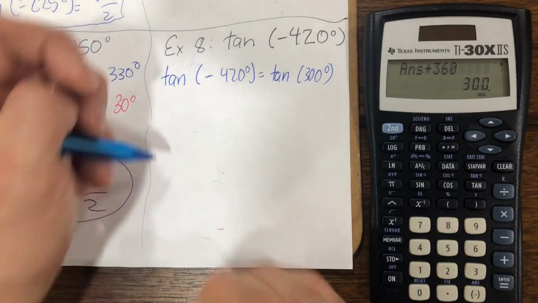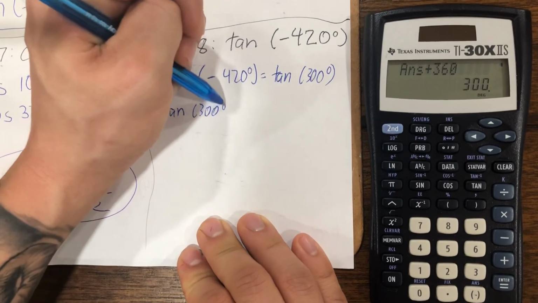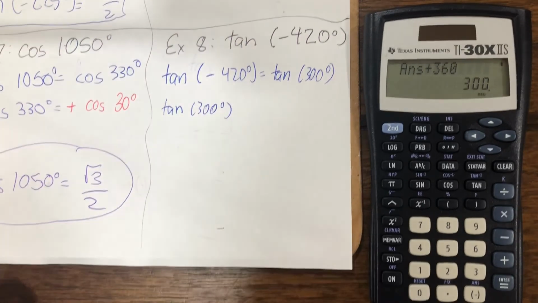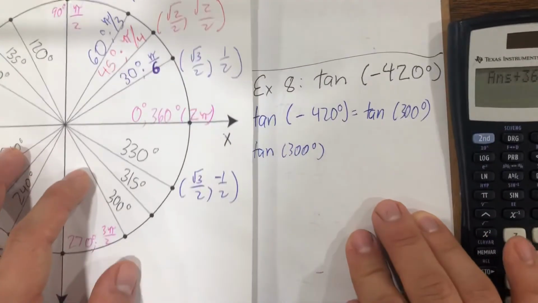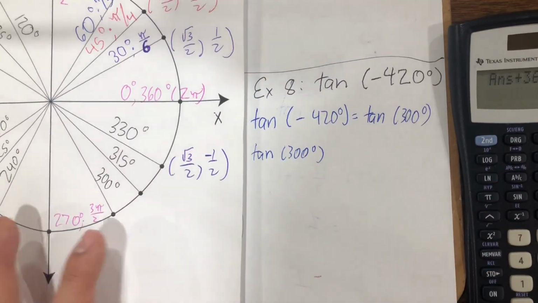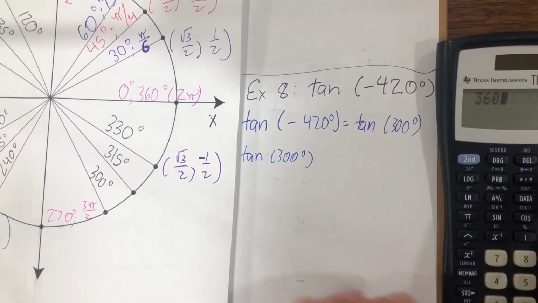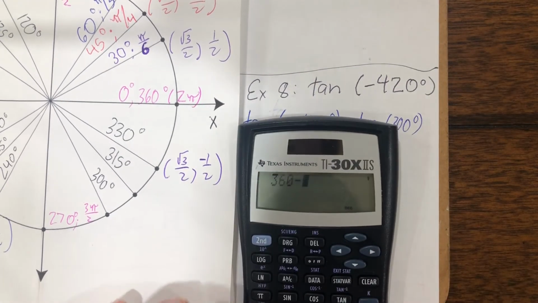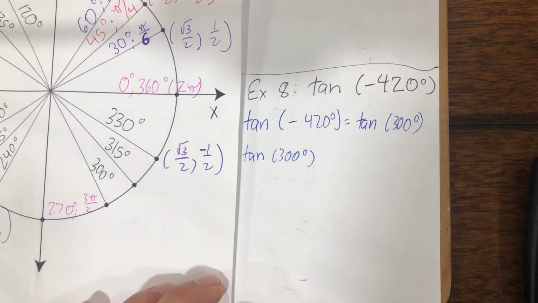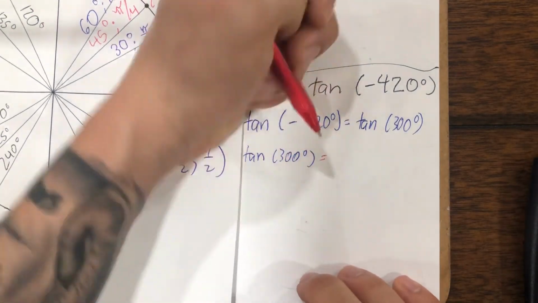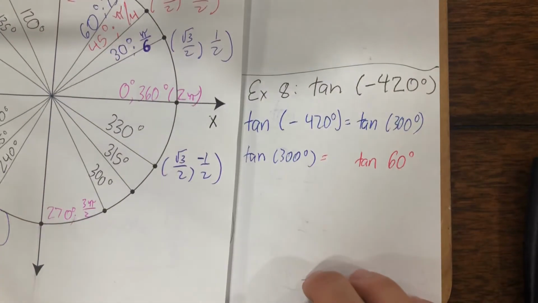So we have tan of 300 degrees, and it is in the fourth quadrant. To figure out my reference angle for 300 degrees, I'm going to take 360 and subtract 300. I get 60 degrees. So tan of 300 degrees is similar to evaluating tan of 60 degrees.